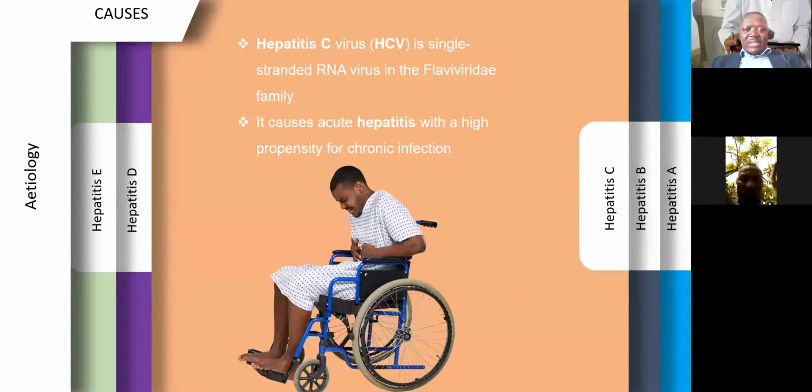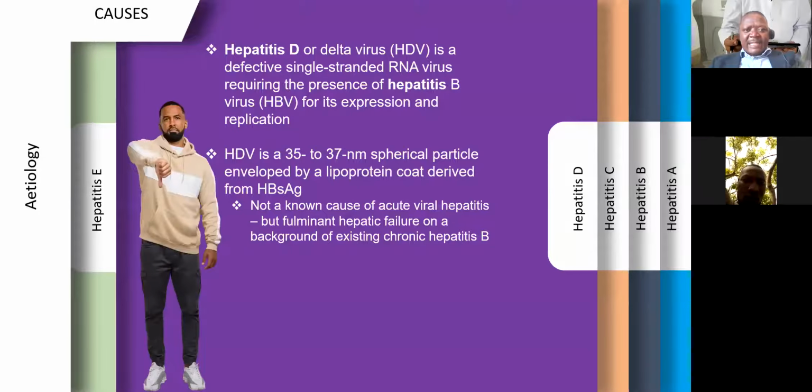The C virus is a single-stranded RNA virus in the Flaviviridae family. It causes acute hepatitis with a high likelihood for chronic inflammation. In other words, most patients with acute hepatitis C tend to go on to developing chronic hepatitis C. For the D, it's a delta virus, okay? It has a defective RNA particle.